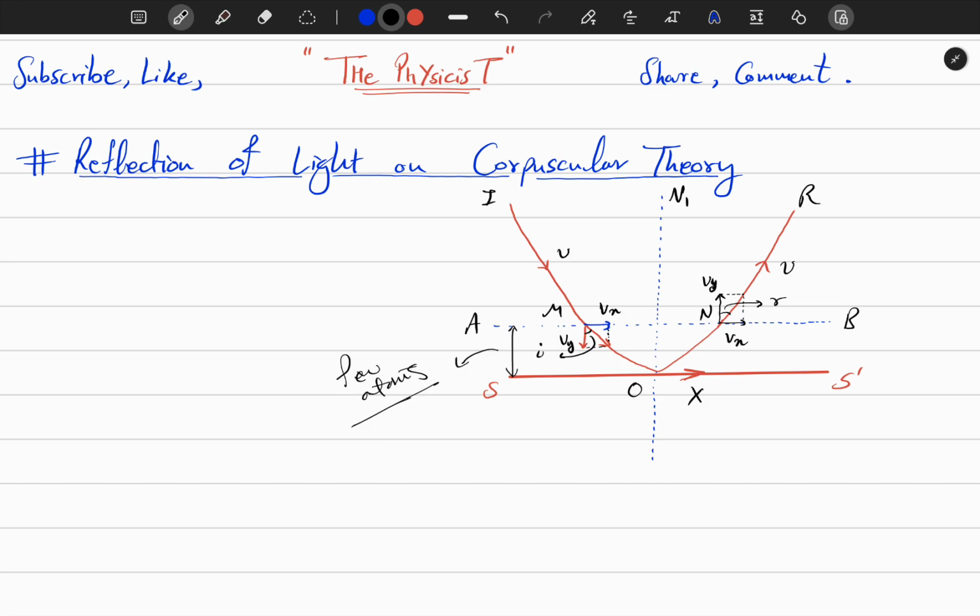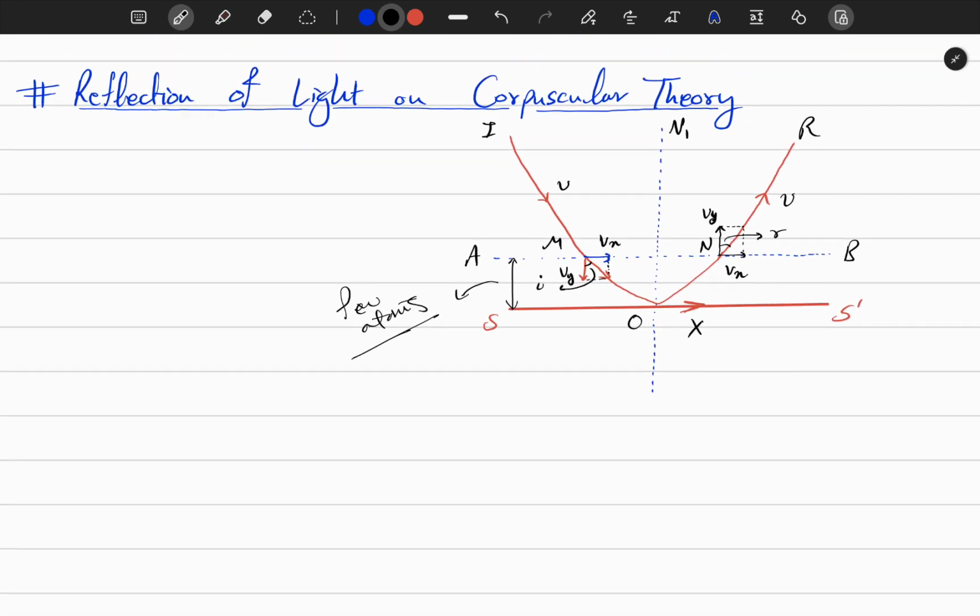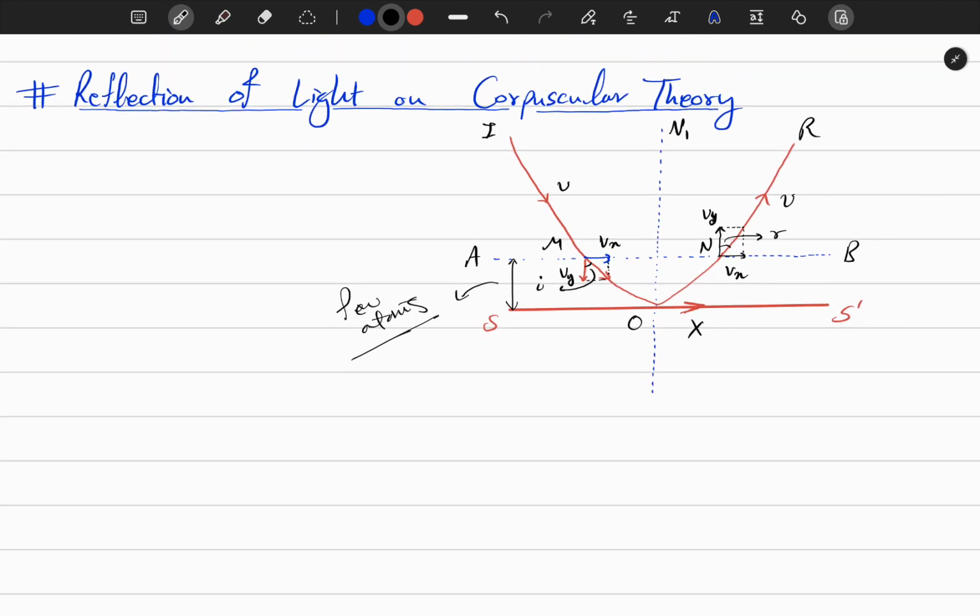Okay, so we also know that we define the angle of incidence and angle of reflection. Okay, what is angle of incidence? It is the angle which the ray makes with the normal.